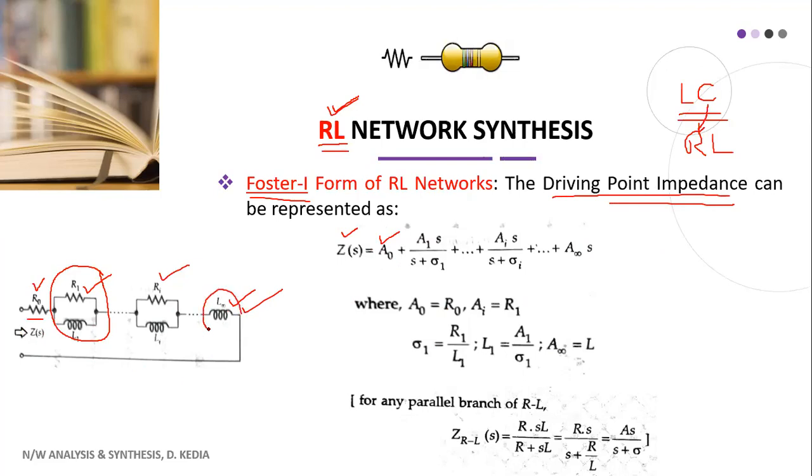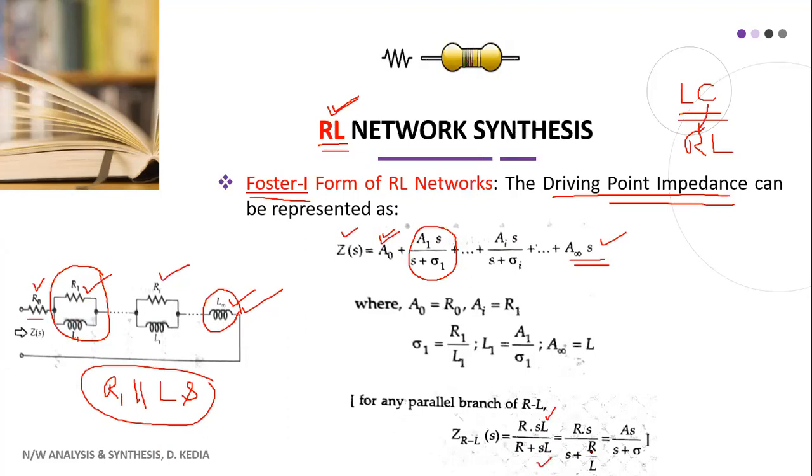First let us see the last element, that is L. Its equivalent representation is Ls, which is represented as A infinity S. So this is the last element, this is the first element, and this is the intermediate element. How do we represent the intermediate element? This is the parallel combination of R1 and Ls, because now we have an inductor. So we have to solve this, and if you solve this, you get R into Ls divided by R plus Ls.